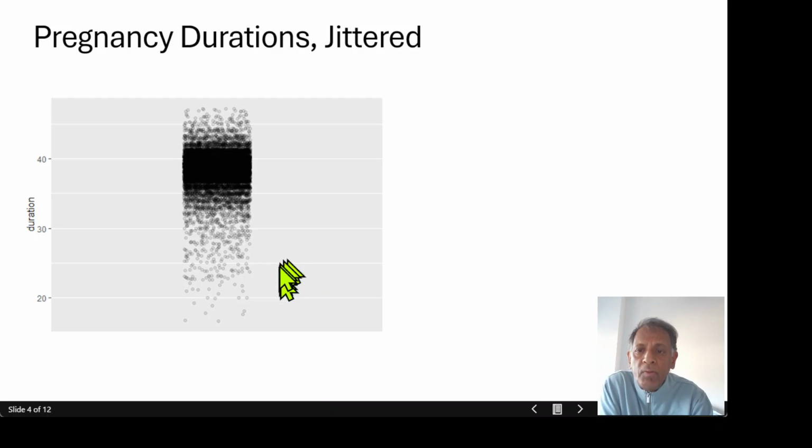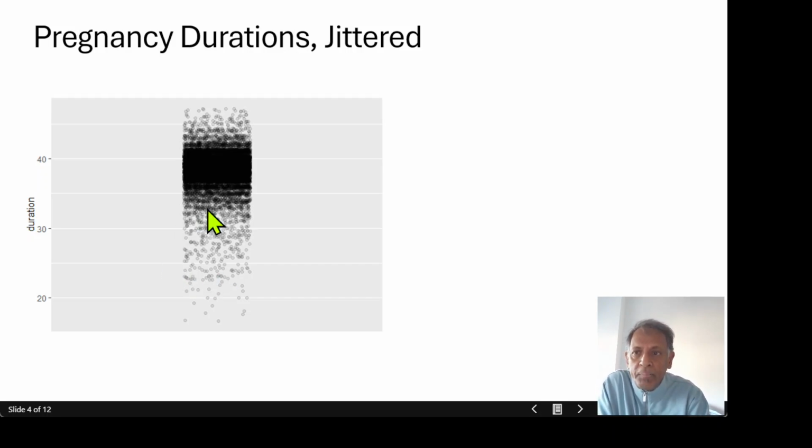Okay, so clearly we can see that there are many, many points crowded up here, far fewer points here and here. That's because we've jittered the values and we've also used the point ink option to make the points a little bit transparent so that we are able to see when there's overplotting, how much overplotting is going on.